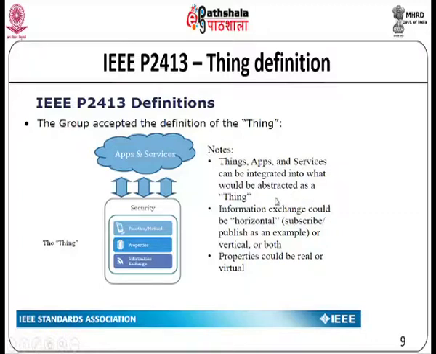So, it is not just an object, but it can be an app, it can be a service, which is why I said physical or virtual thing. Information exchange could be horizontal, in a publish-subscribe mode, or it could be vertical or both. And the properties could be real or virtual. So, that is the kind of thing that we are talking about.